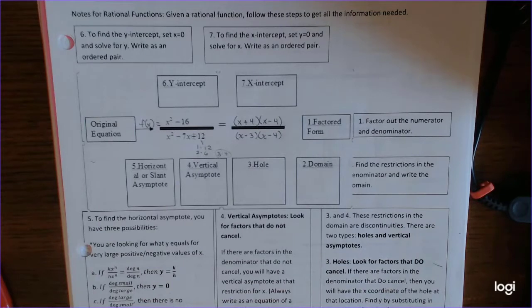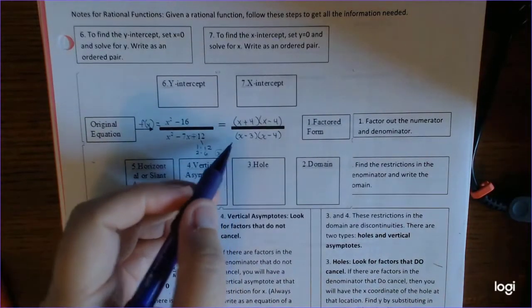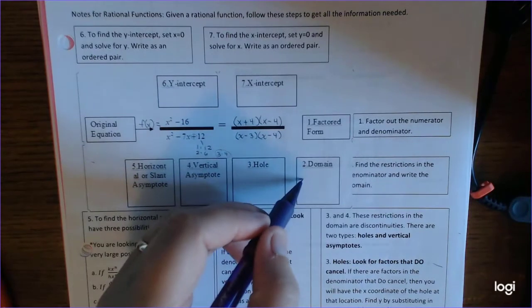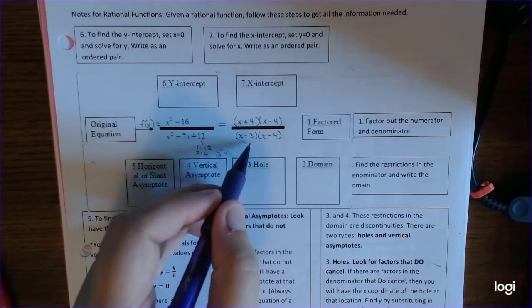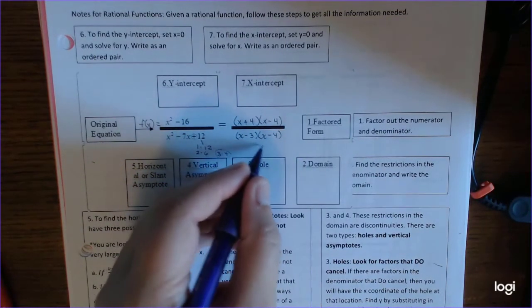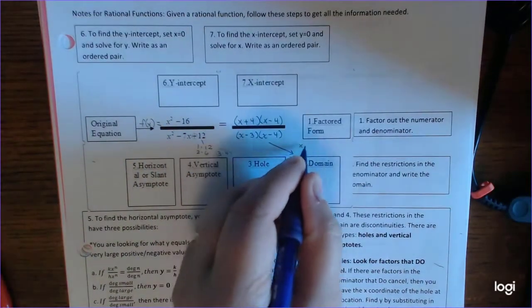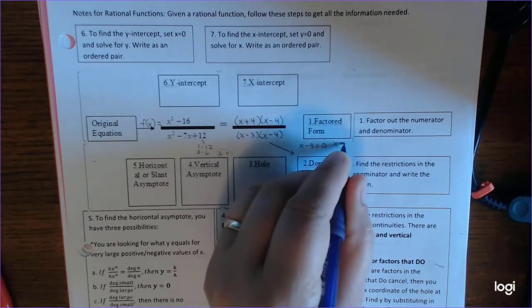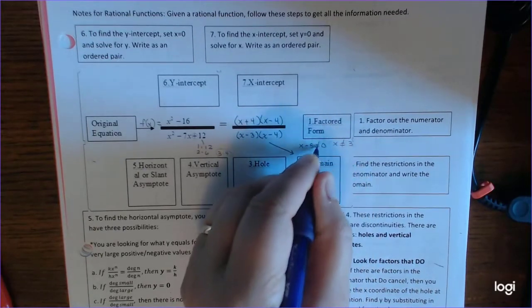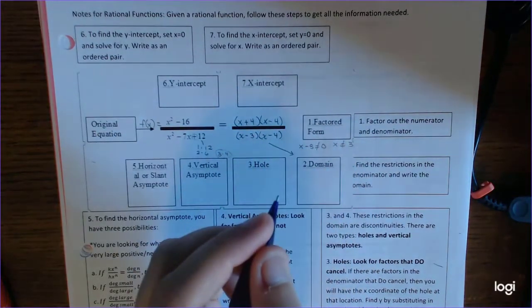Okay. Step 2, before you do any canceling, which I kind of mentioned before, and now we're really going to look at it. Before you do any canceling, you want to find the domain. The domain happens before any canceling, and the domain comes from the denominator. So if you set each of these factors equal to 0, you get x cannot be 3, or they can't be 0, sorry.